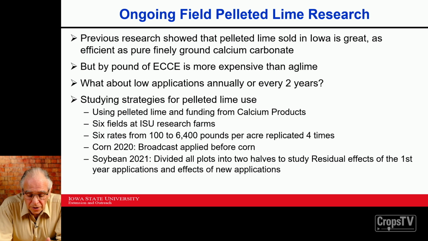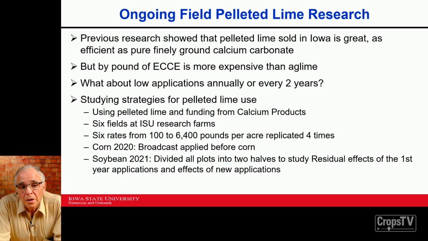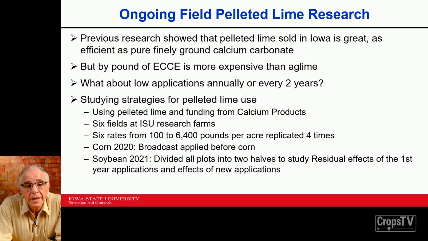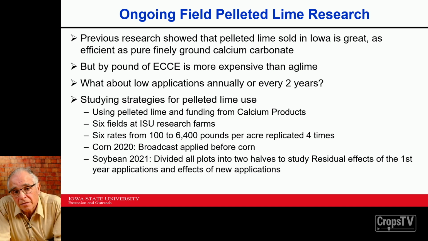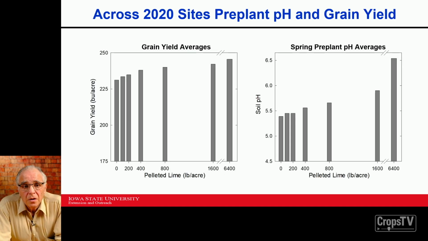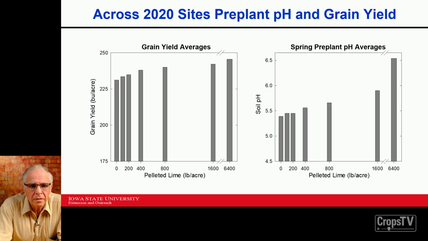So we did all this research, and I have the data only for 2020. We broadcast before corn. For 2021, we have soybean, and in 2021, we divided all plots in 2 halves to study the residual effects of the first-year applications and the effect of new applications. Okay, so this is just a quick average. The results were kind of similar. All soils were acidic.